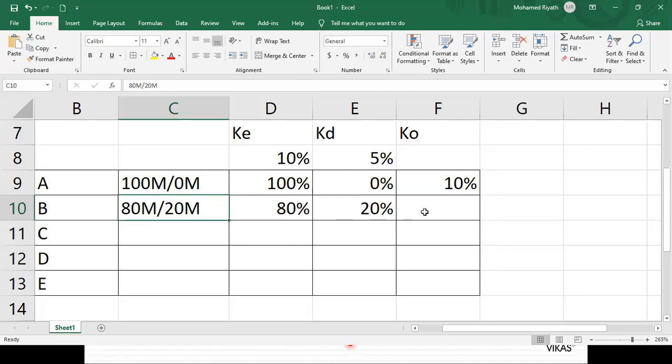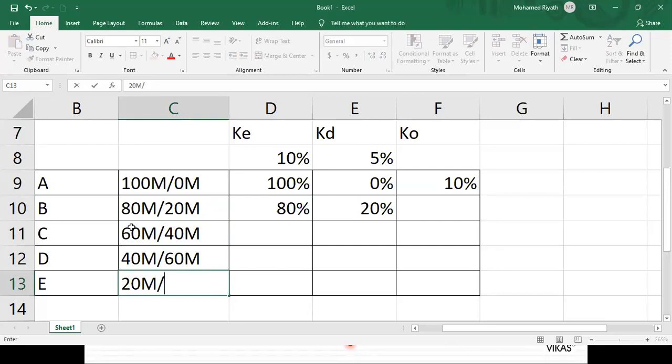Here 60 million equity and 40 million debt. Here 40 million equity and 60 million debt, and 20 million equity and 80 million debt, and here 0 million equity and 100 million debt. Point F.